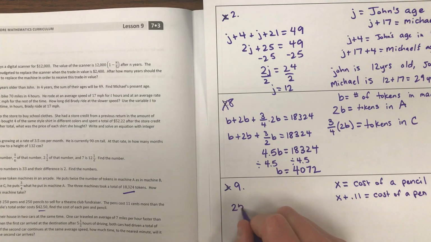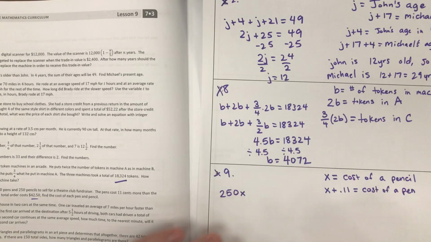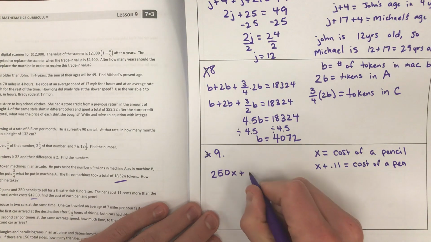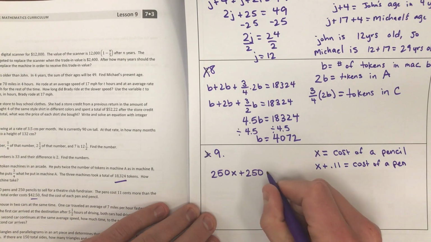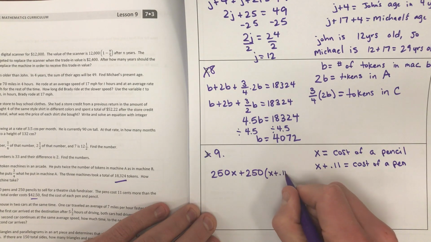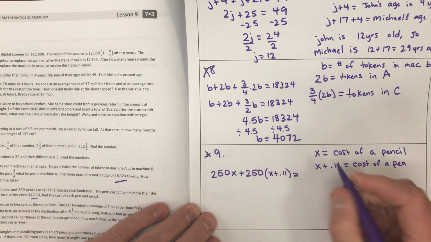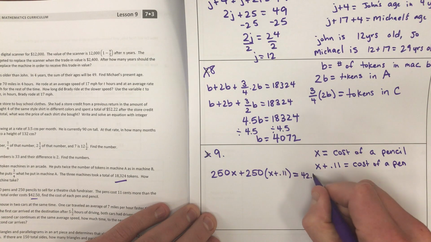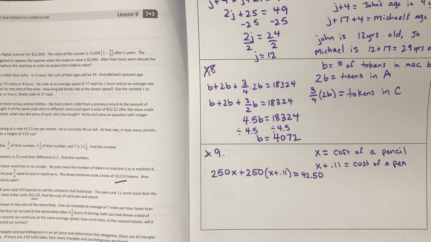So 250 times the cost of a pencil plus 250 times the cost of a pen, which is the quantity X plus 11 cents. That has to add up to this magical number that they love so much, 42.50.